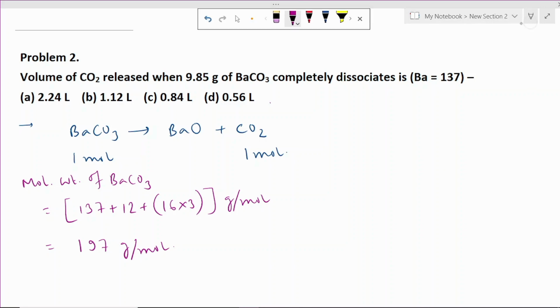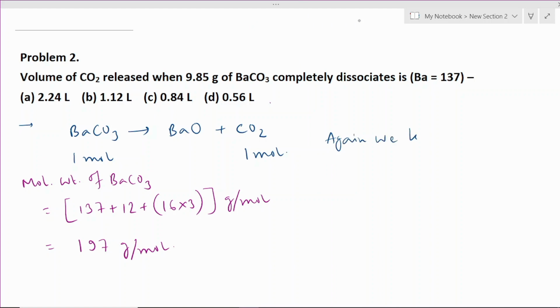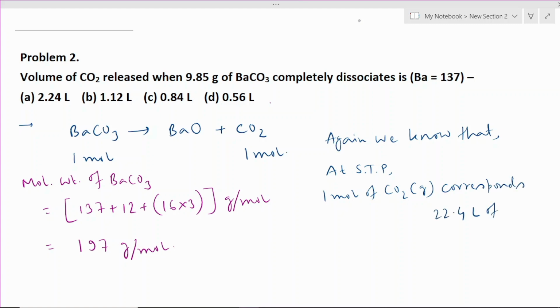Again, you know that at STP 1 mole of carbon dioxide gas corresponds to 22.4 liter of CO2 gas.